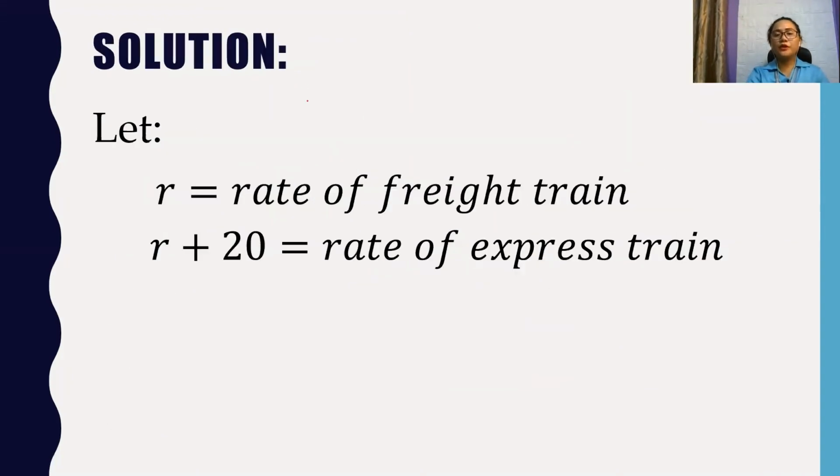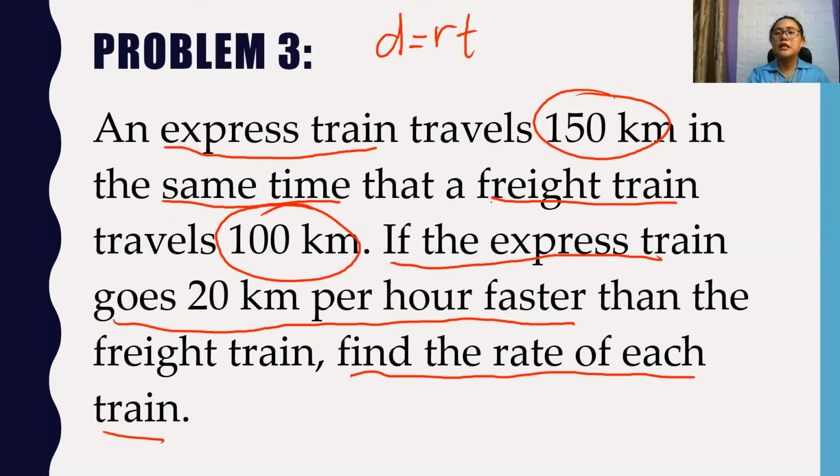But before we create a table, we have to let R be the rate of the freight train. Okay, balik tayo kung titingnan natin. Si freight train kasi wala siyang restriction. Pero si express train, sabi niya, mas mabilis daw siya ng 20 km/h kaysa kay freight train.